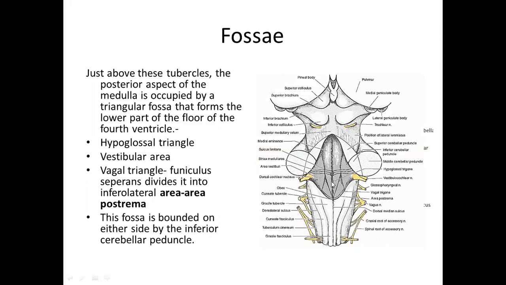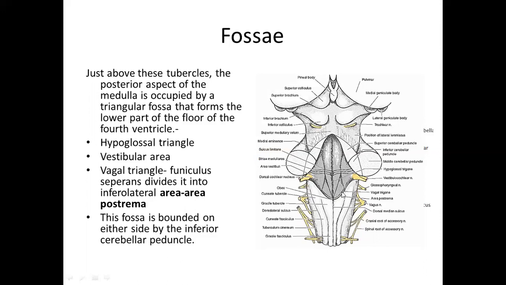On the medial side of this is the hypoglossal triangle. Beneath it will be a group of hypoglossal nuclei. Then lateral to it, just medial to the inferior cerebellar peduncle, will be our vestibular area. Underneath will be our vestibular nuclei. Then just lateral, between the vestibular part and the hypoglossal triangle, we have the vagal triangle.